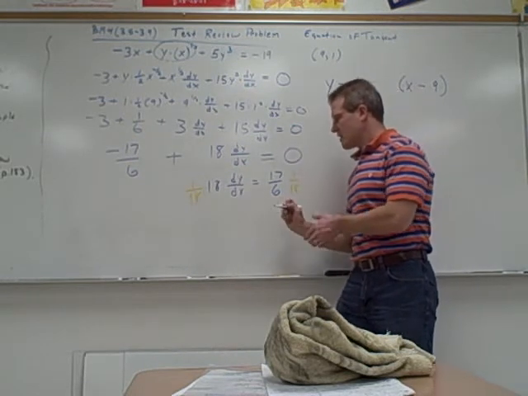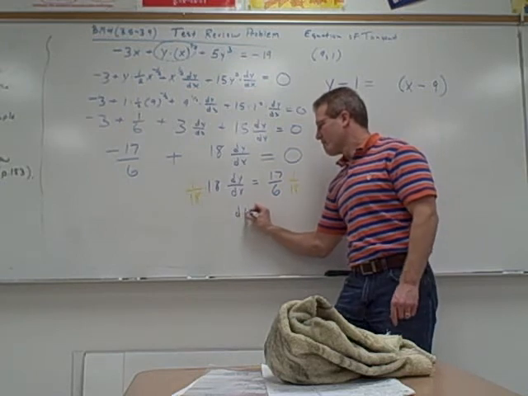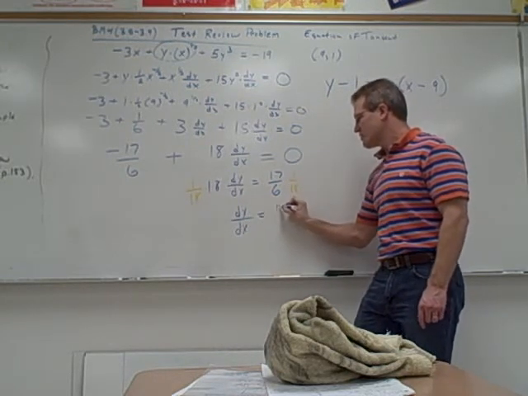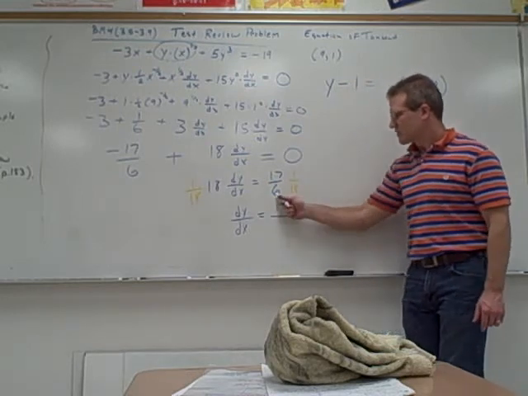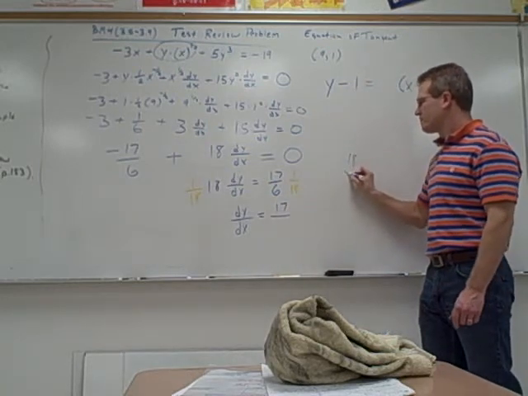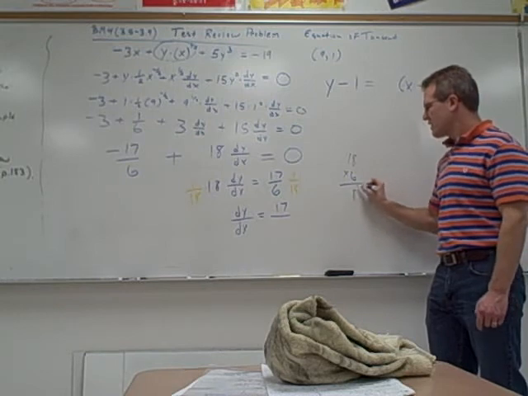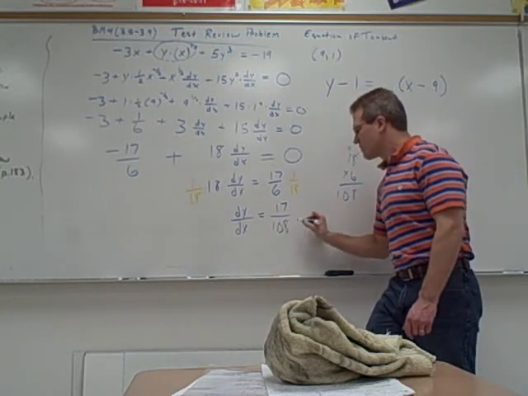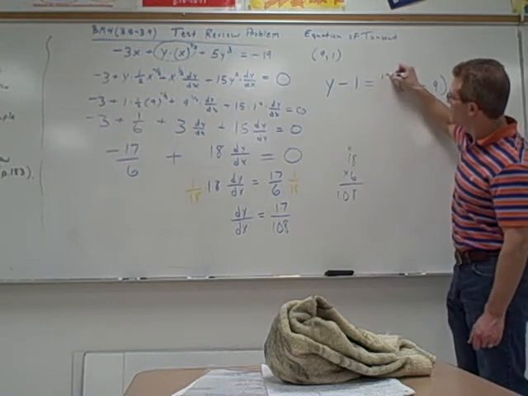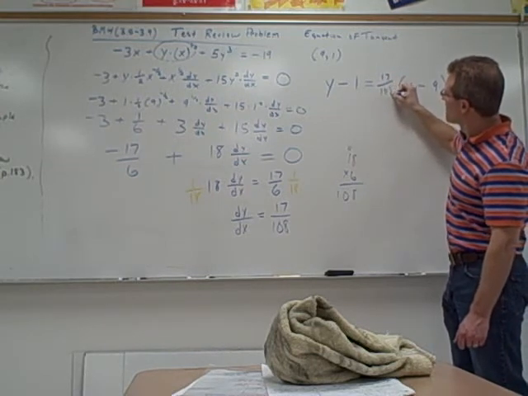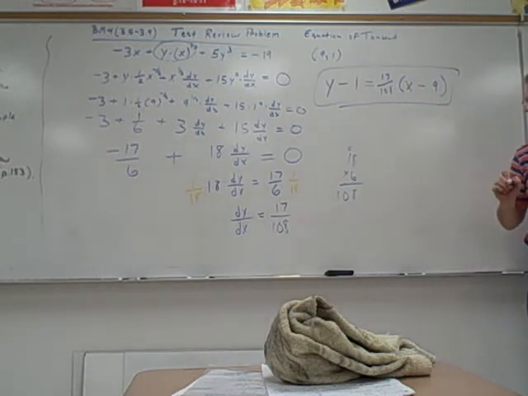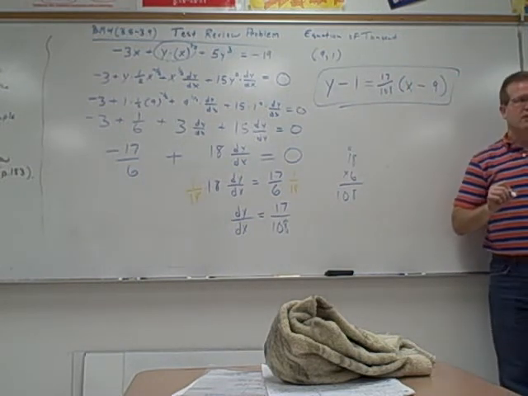So dy over dx will equal 17 times 1 would be 17. 6 times 18. 6 times 8 is 48. Carry the 4. 108. That would be your slope of your tangent line. And that would be the equation of the tangent line. Any questions about that?